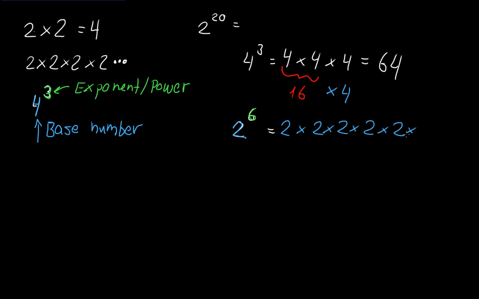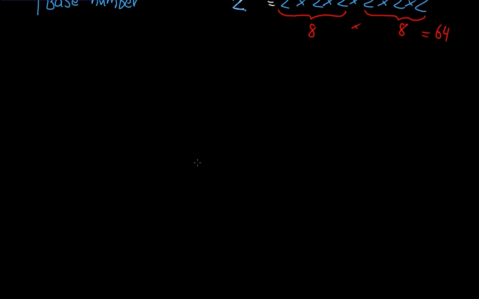There are multiple ways of doing this, but the easiest way, at least for me, is 8 multiplied by 8, but again, please listen that this is my way of solving these problems.